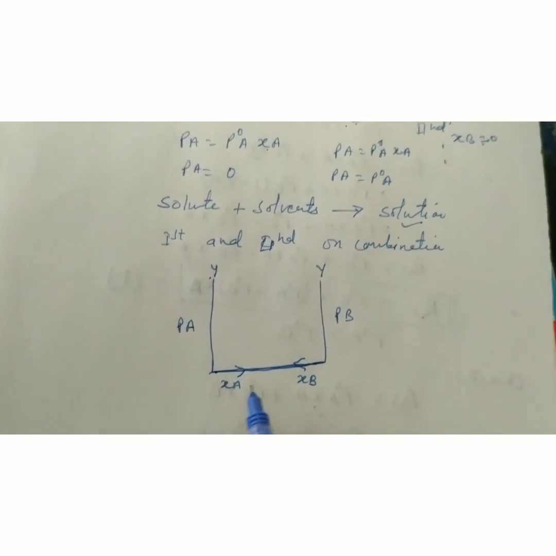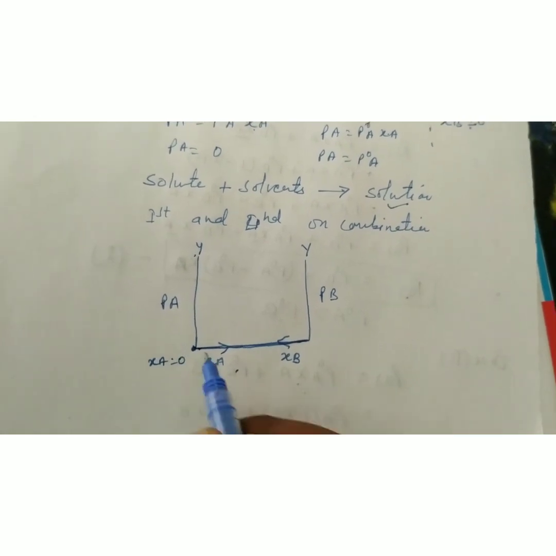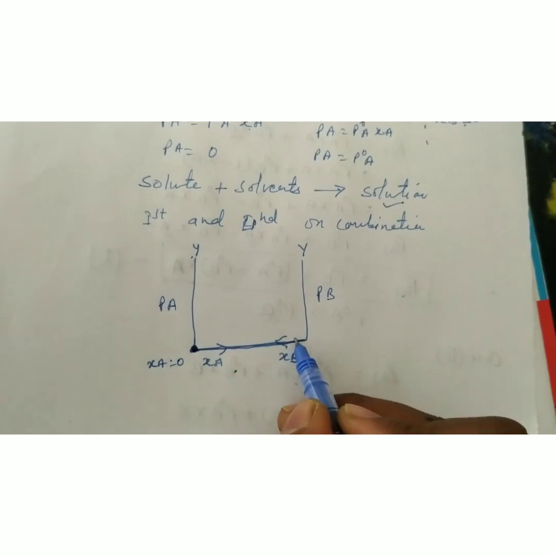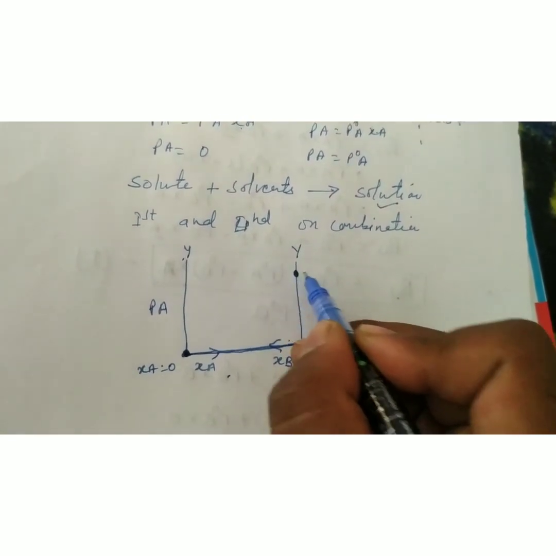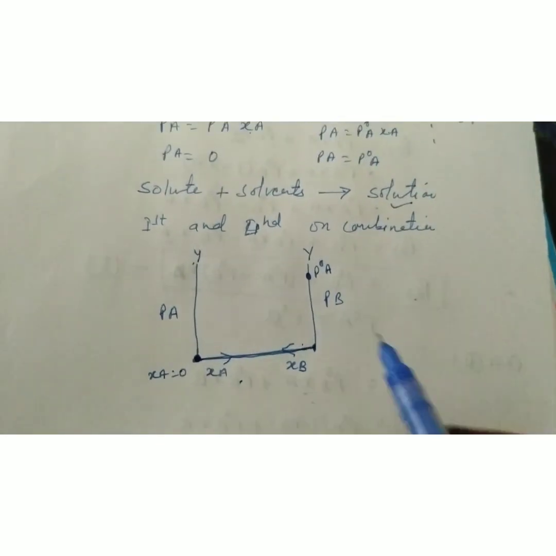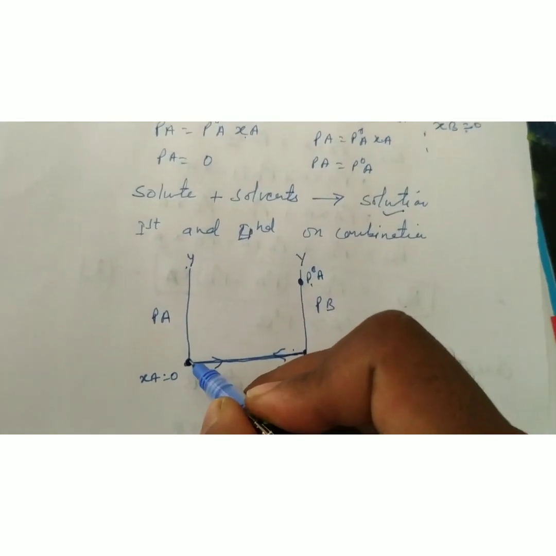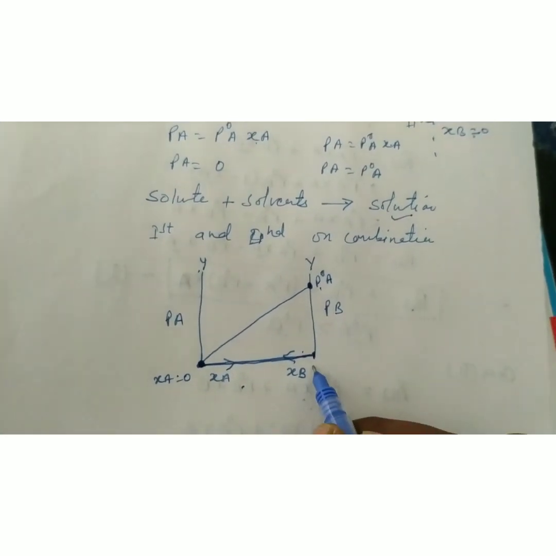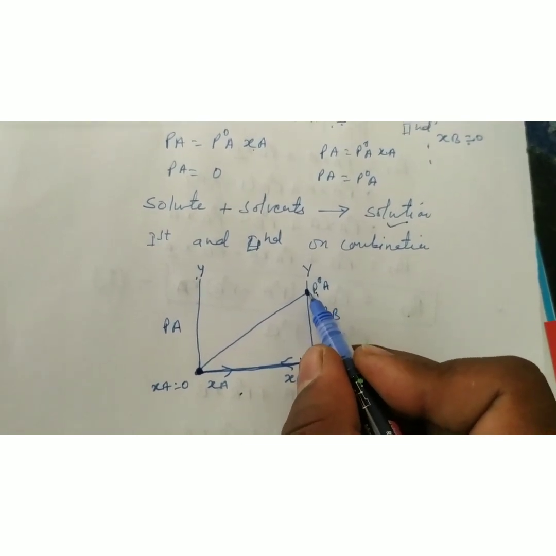So this is the origin when XA equals 0, and when XA equals 1, suppose this is the point, and here the point is P naught A. We have 2 points, so we can draw the line. When XA equals 1 we have P naught A here.